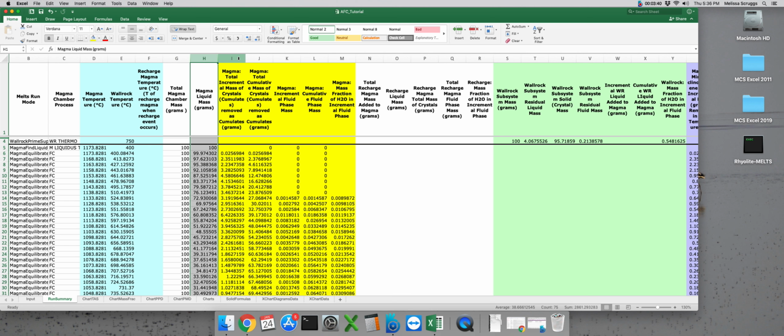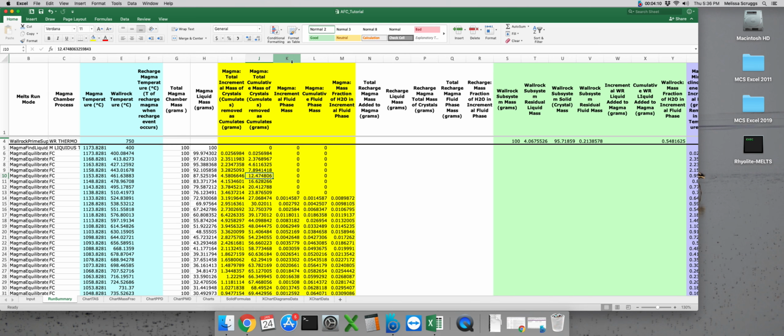So column I gives the total incremental mass of crystals removed as cumulates, or the total mass in grams of all phases crystallized and then fractionated in the magma subsystem at that particular individual temperature step. And because that's a pain in the rear end to add up by hand, the cumulative sum of the same is automatically calculated and recorded in the adjacent column J here. That way you don't have to do all the work.